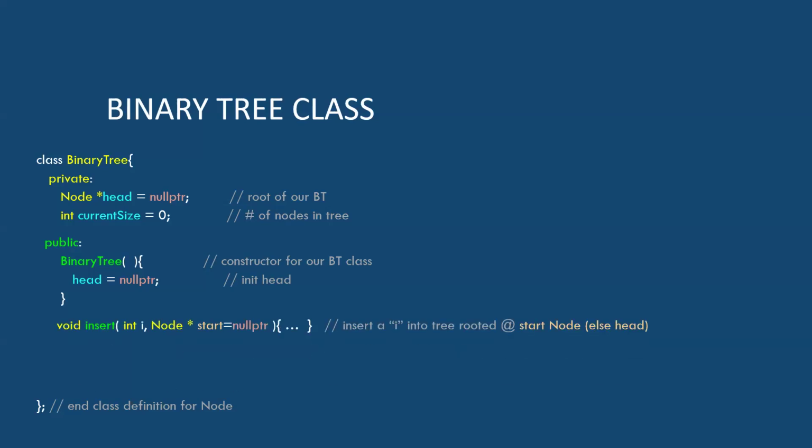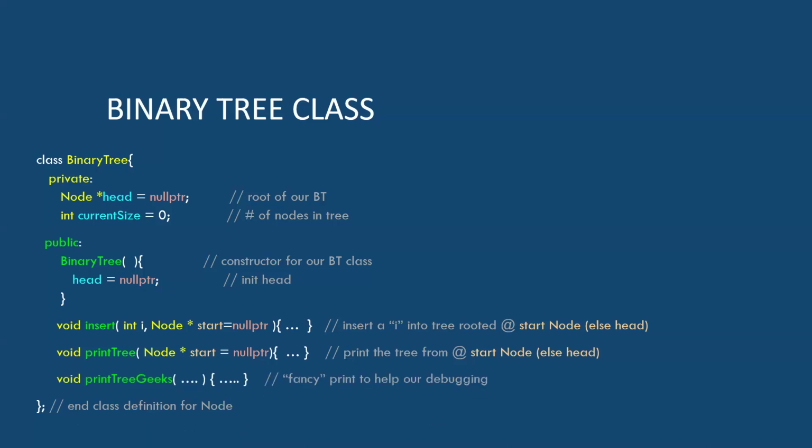And then we'll have some methods that we're going to explore in class today. Insert something into the tree and maybe print the tree. And maybe that print tree is going to print it in a particular linear order, like in order traversal, something like that. Now I have this special one called Print Tree Geeks. I swiped this code from Geeks for Geeks many years ago and modified it to make it my own, but I want to give them credit.